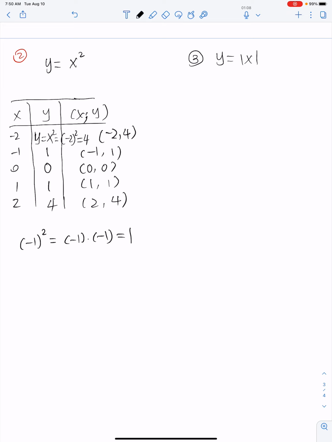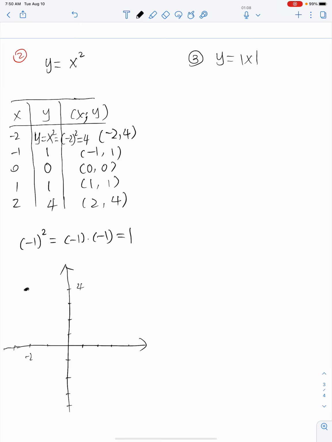Okay, so you can draw the picture similarly as before. So we have -2, 4. Here is -2, here is 4.